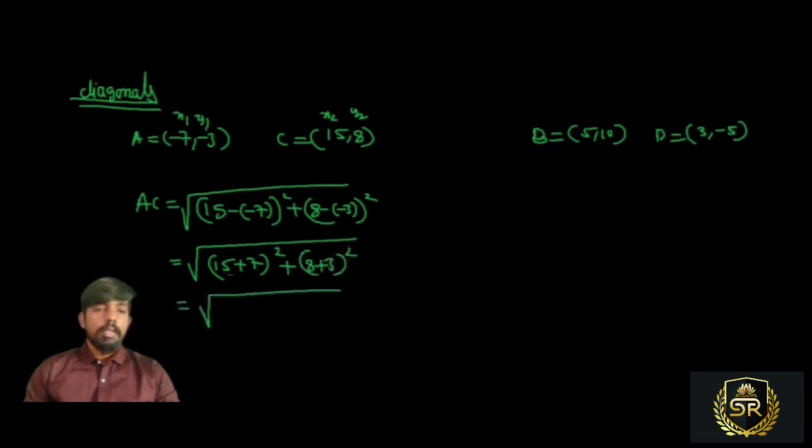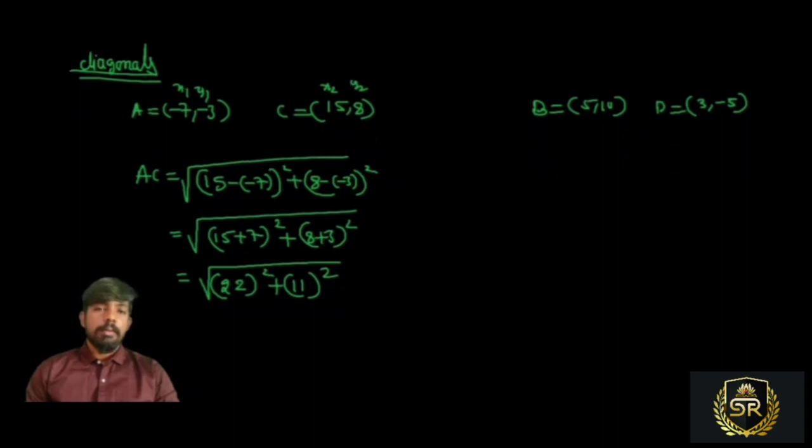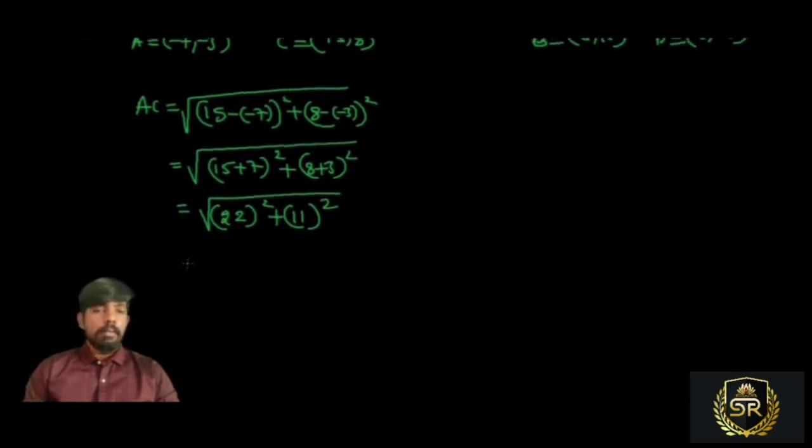So root over 15 plus 7 is 22 whole square, plus 8 plus 3 is 11 whole square. So here root over 484.